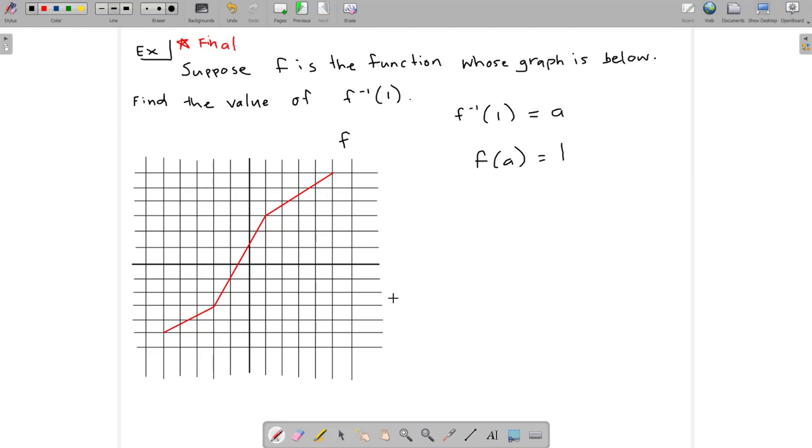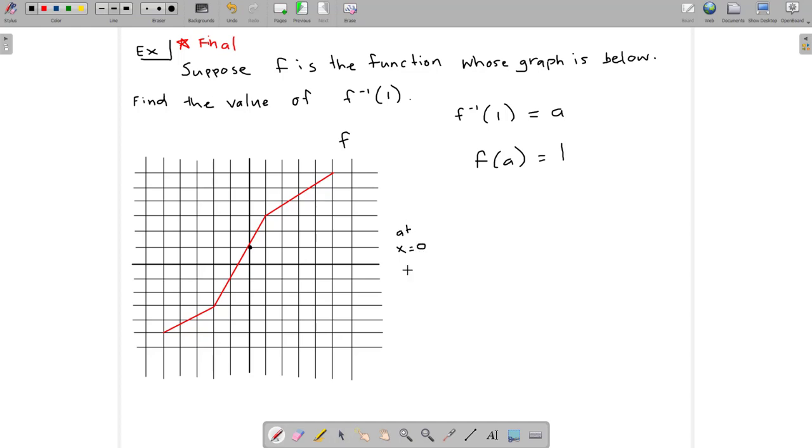And that's in the y direction. So it's not done completely perfectly because I just freestyled it, but you're looking for where your function is equal to 1. And so here is where I'm looking. That's where my function is 1. And so you can see that that value occurs at x equals 0.